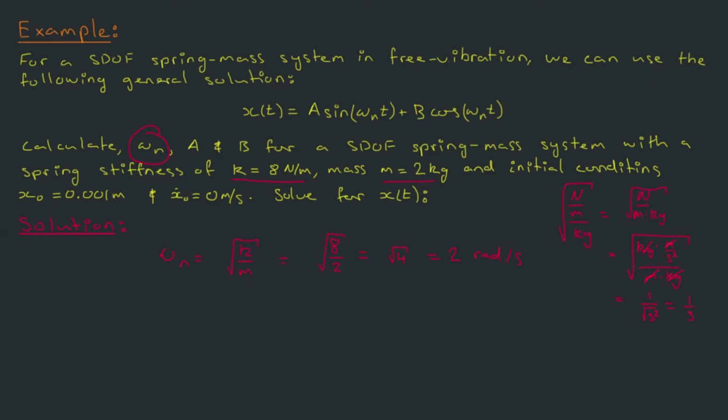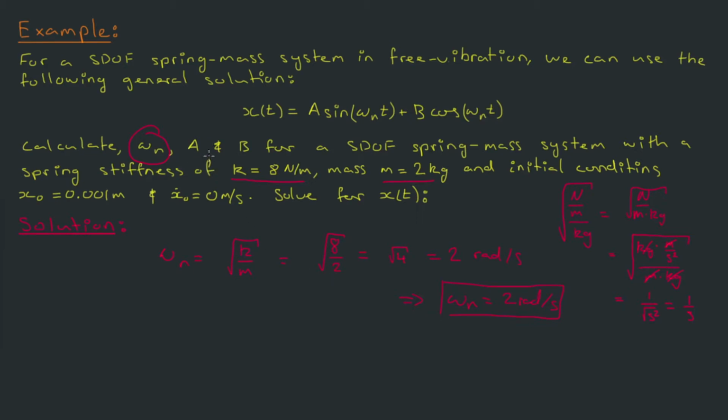If you get confused by it, just do a little Google of it and it'll basically explain the difference between radians and hertz. So basically, omega n in this format is always in radians per second, and typically we use radians per second because it's a lot easier. So there we have it. We have our omega n. Our natural frequency is 2 radians per second. So there's the first part of the question done.